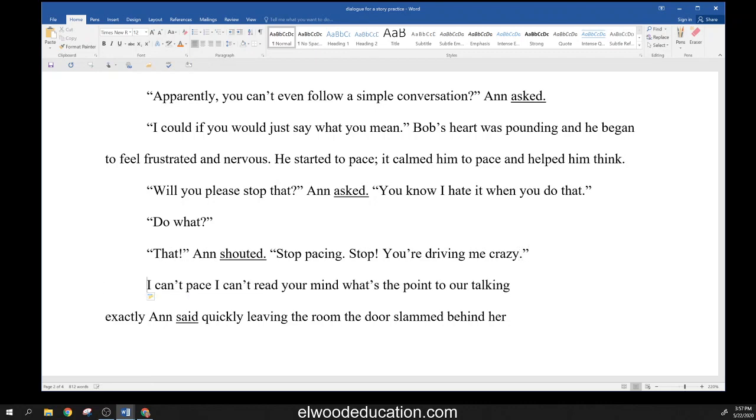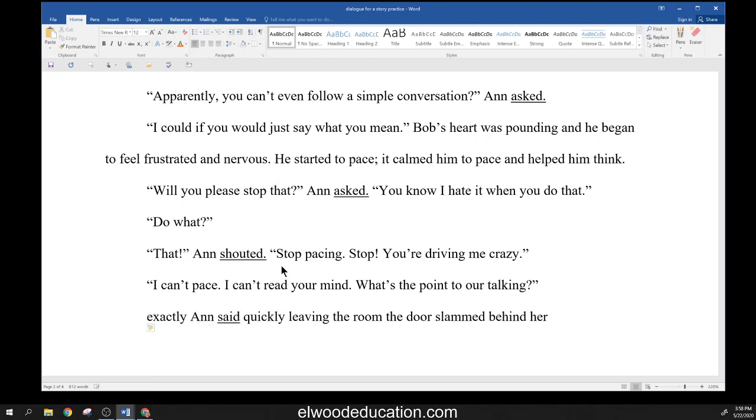Okay, then we have a new speaker again who is saying "I can't pace," period. "I can't read your mind," period. And then Bob asks, "What's the point to our talking?" Then we have the final kiss off here, "exactly," comma, and said, and the announcement of the speaker belongs to the first thing that she said.